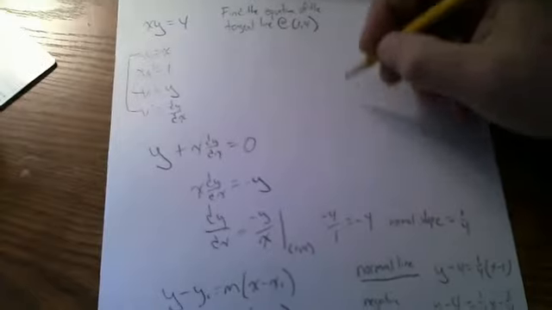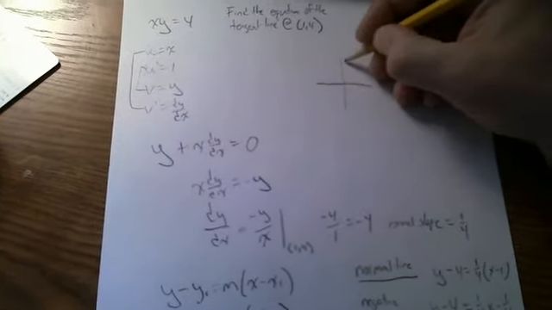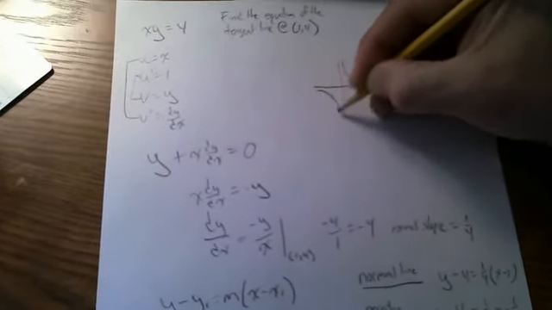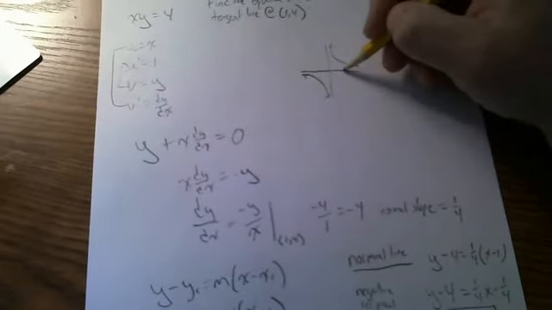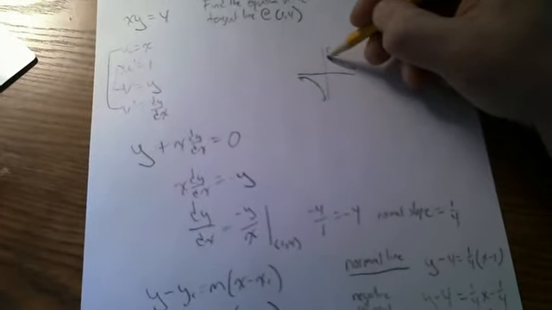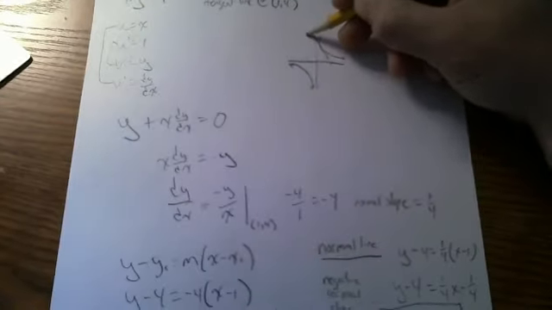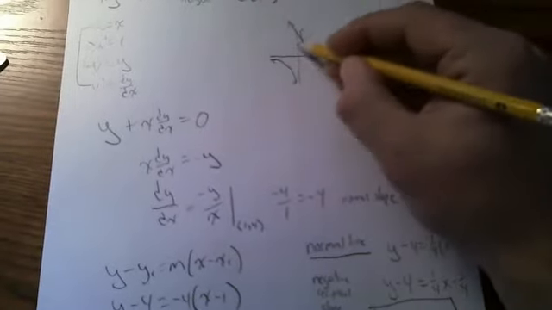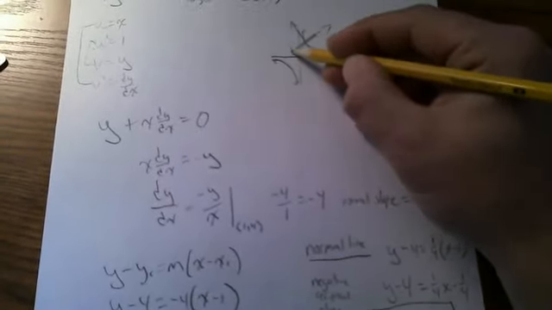Now graphically what's happening there is we have something that looks like this. We have a hyperbola that looks like this, very rough sketch. The equation of tangent line at the ordered pair 1, 4 looks like this. And the equation of the normal line would be something like that.